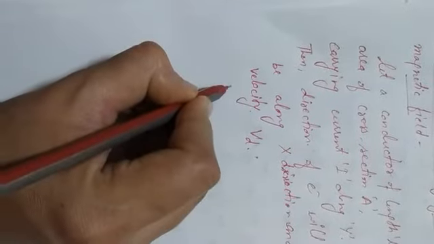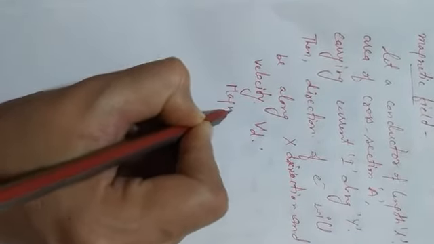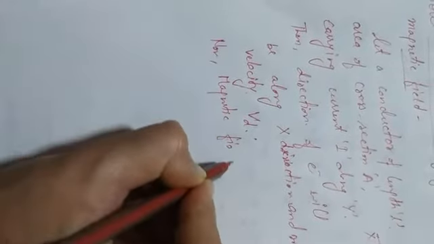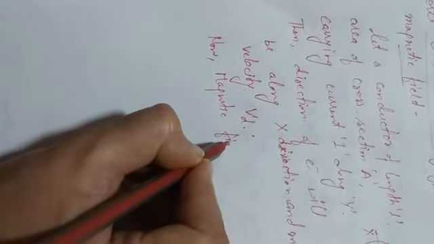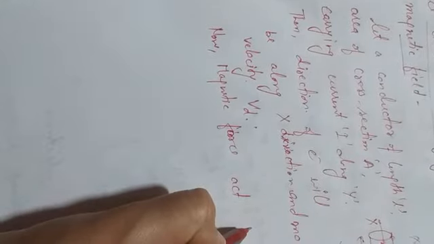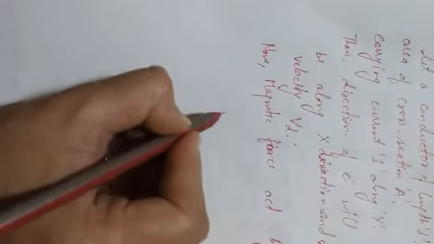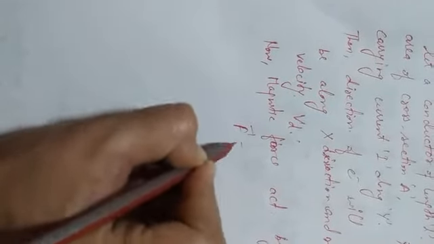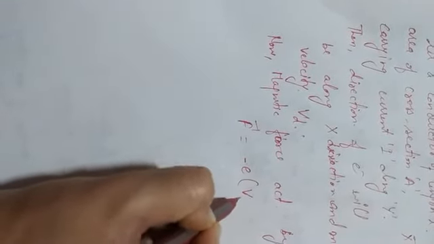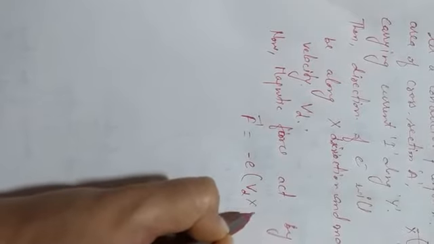The magnetic force acting on each electron will be F equal to minus e Vd into B, because the electron has negative charge.